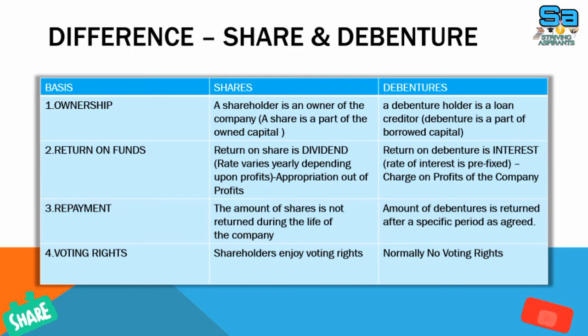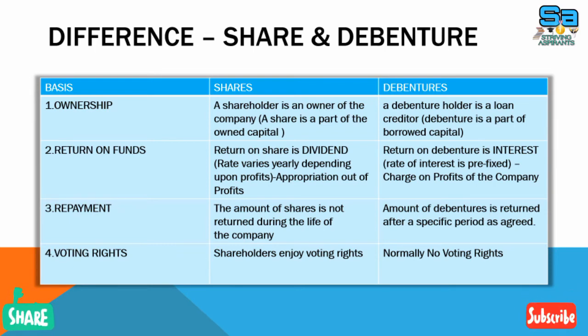In that case, the price of its shares in the market being lower than the book value should be taken into consideration while buying back its own shares from the market. And in the case of debenture, the amount is to be returned after a specific period as agreed in the contract.